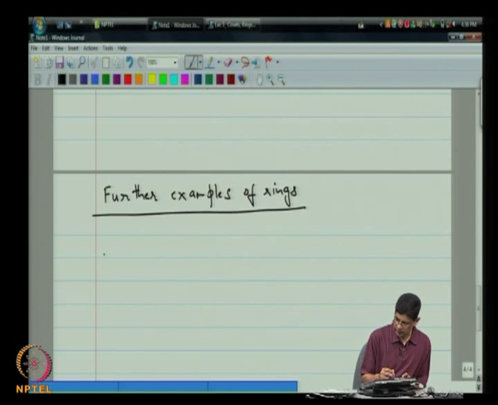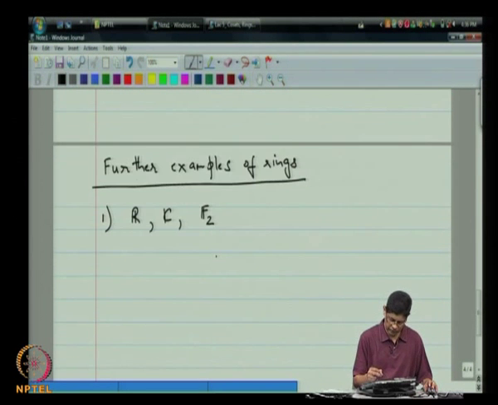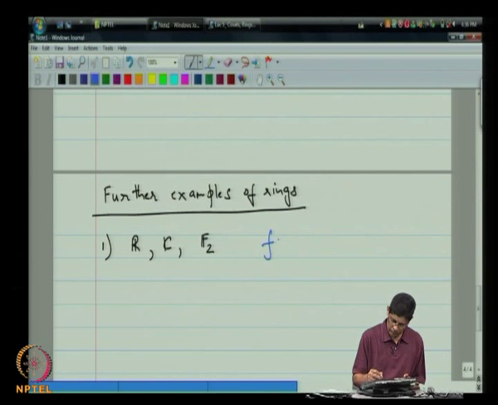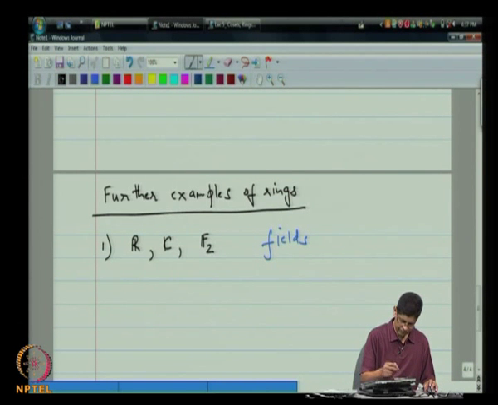In terms of listing we have already seen R, C and F2. So, these are all fields. In terms of saying what kinds of rings are these, we have already seen that these 3 are examples of fields.